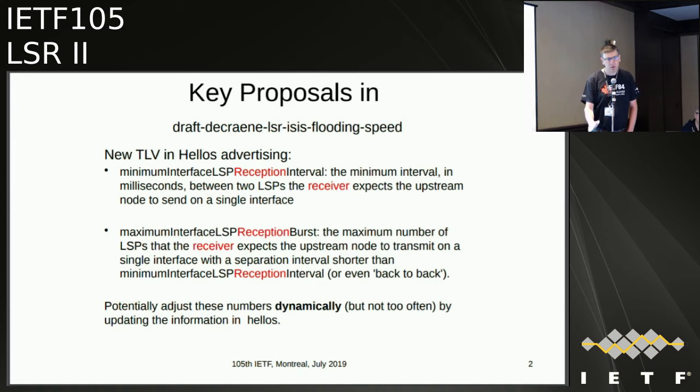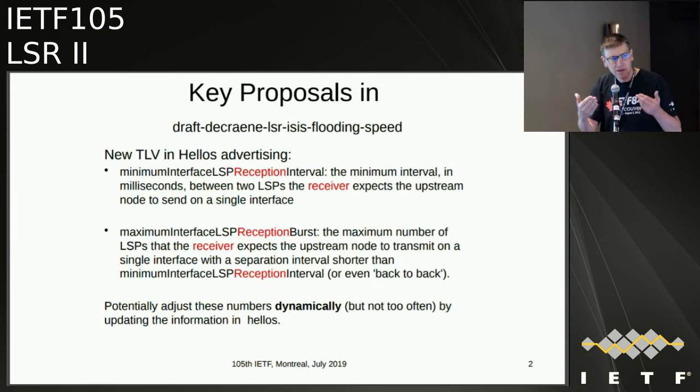So the downstream flooding node advertises the value to the upstream. If you take the point of view of the downstream flooding node, the one receiving LSPs, it can advertise the same value to all interfaces. If you take the other point of view, which is the upstream, the one sending LSPs, it may receive different values from different neighbors. So what is your perspective?